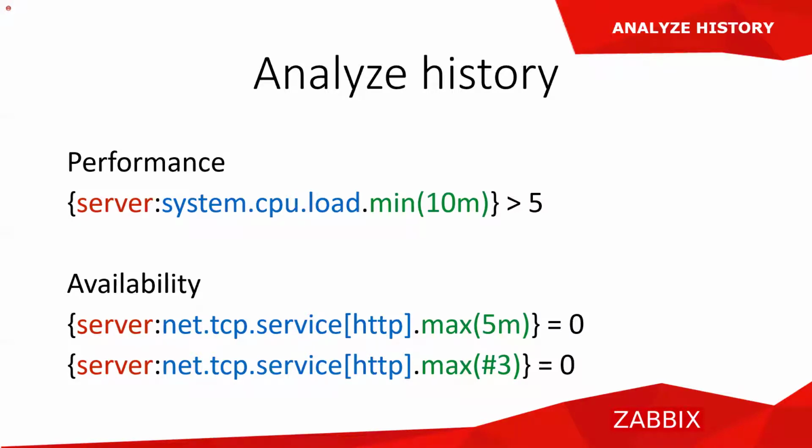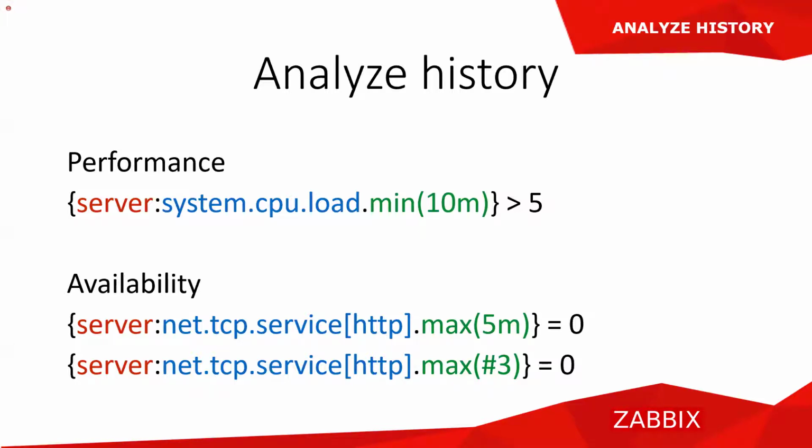For availability, this can be a bit different. We can use the maximal value and let's say check if our HTTP service is reporting zeros for 5 minutes and zero is the maximum value received for 5 minutes, then the trigger should fire. We can use not only the time period for the functions, we can actually use a specific number of values that we consider, making the calculation of whether there is a problem or not more precise.